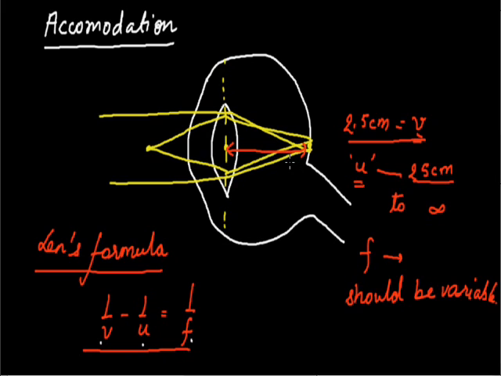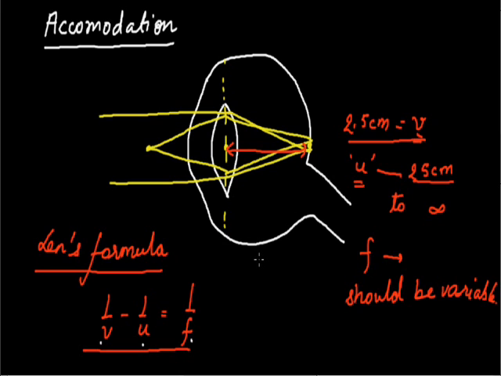That's why you have to change your eye lens focal length, and this is the property of accommodation, that your eye gives accommodation to all the light rays coming from all objects irrespective of their locations. So we get this accommodation as an important property of the eye.